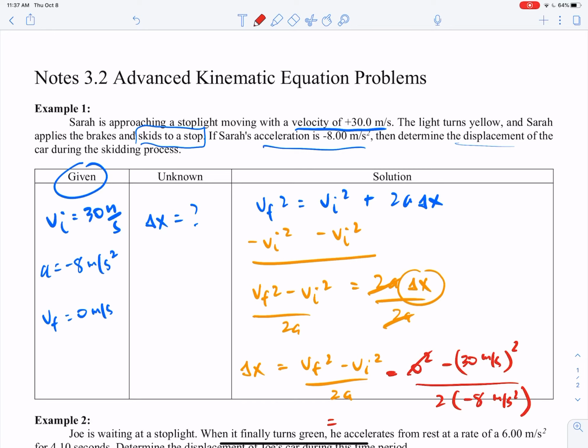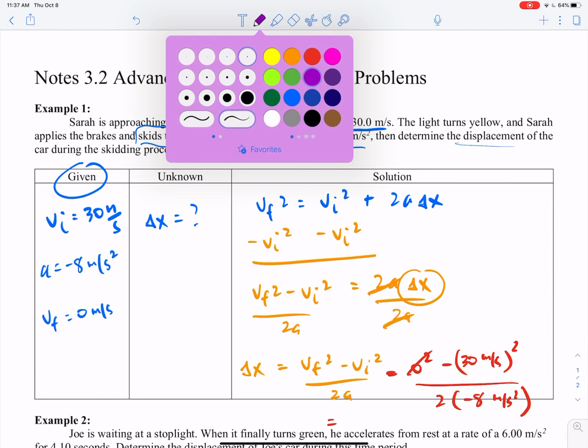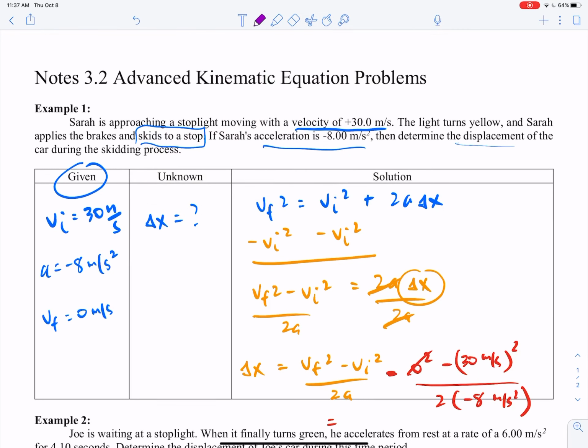So my units cancel just as they did before. I've got seconds squared on top, seconds squared on the bottom, those go away. And then meters squared on the top will cancel with this meters, and it'll leave one of these all by itself. So I'll end up getting the same answer, 56.25 meters.